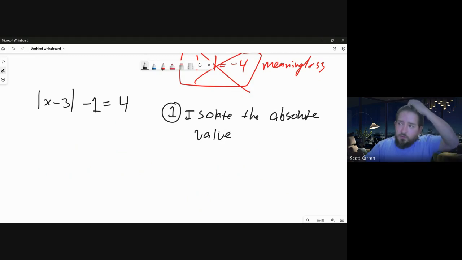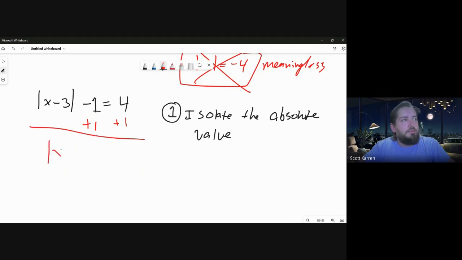The absolute value is kind of like a grouping symbol, like a parentheses or a bracket, so I don't want to take anything in and out of it. What I want to do is get everything else around it away from it. So in this problem, I would just add 1 to get the 1 away from it, so that I have the absolute value of the expression equal to some number.